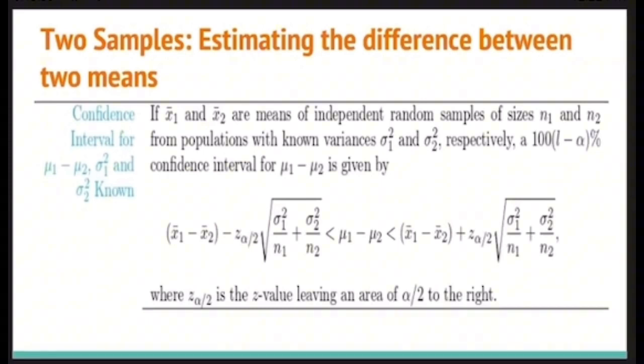But we've got conditions, just like last week, when the population variance is known, when the population variance is unknown, and when the sample size is small. Of course, we specify different formulas for the confidence interval. We're also going to do the same when two populations are involved.